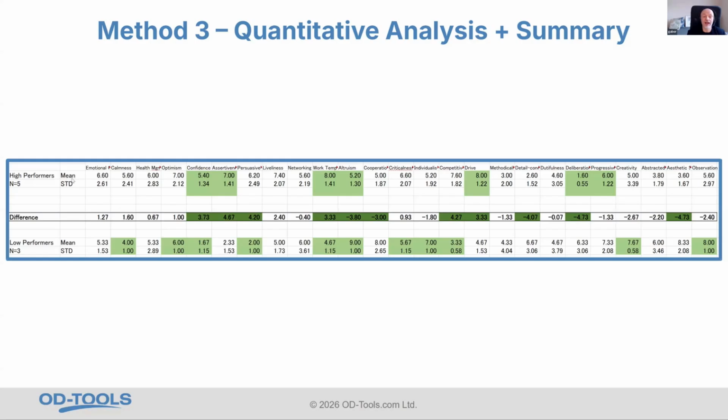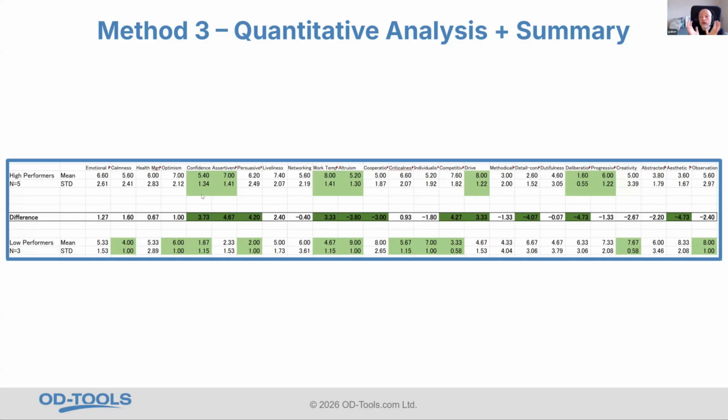And you only need to calculate the mean, the average value on the trait, for the two groups, and the standard deviation, which shows are people very different, the deviation is high, or are people similar in this respect, the deviation is low, so the results are much more clustered around that average. And then we see here in the middle the difference of the two groups. The larger the difference, there is some more significant relationship going on here.